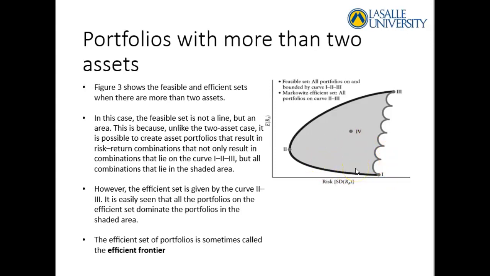It's easily seen that all the portfolios on the efficient set dominate the portfolios in the shaded region, because the efficient set is on the boundary of this shaded region. The efficient set of portfolios is sometimes also called the efficient frontier, and a lot of the time when we talk about mean variance optimization, the first thing that comes up is the identification of the efficient frontier.